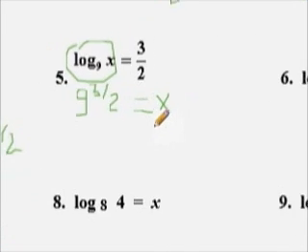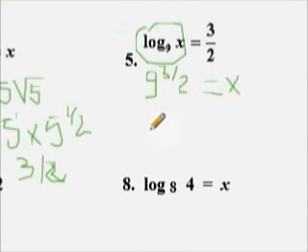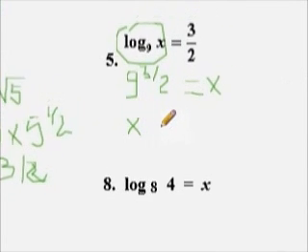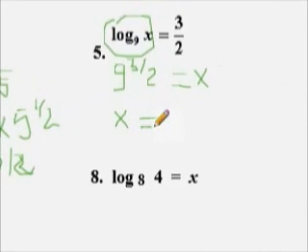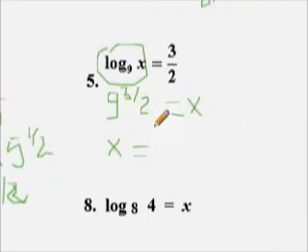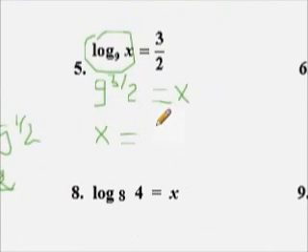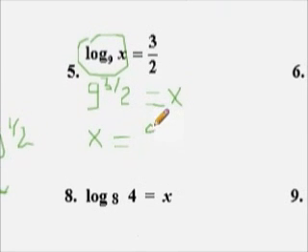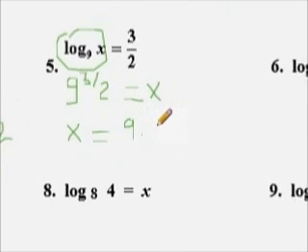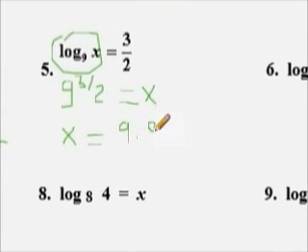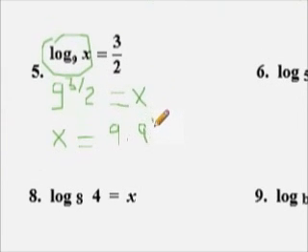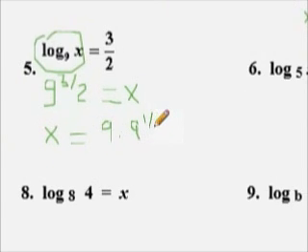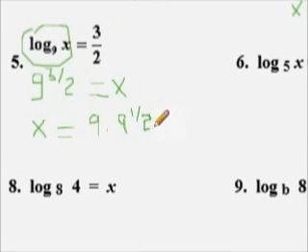I can write it better if I want. I can say this is like 9 times 9 to the power of 1/2, you see what I mean. I can write it like that.